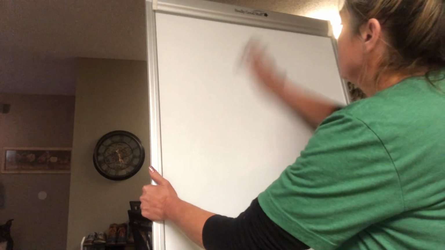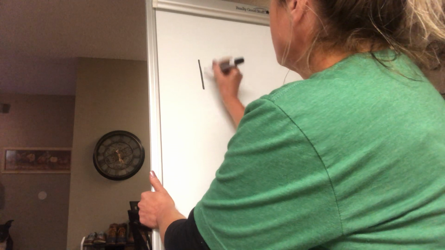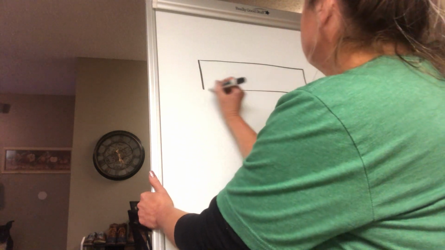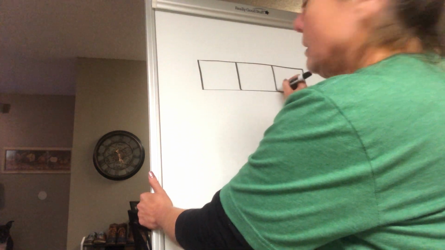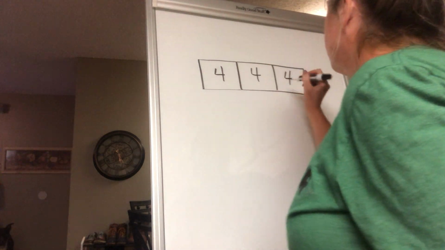And the one that they give you, just a second, let me dry the board off a little better. It's still a little wet. Okay, they give you this. And they tell you that each one is 4.